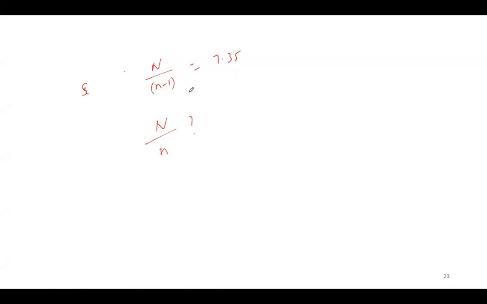So what you can do is, from this value, you multiply it by n minus 1 and you divide by n. So these two get cancelled and you get this thing back. So 7.35, which is the covariance, you multiply by 199 and divide by 200.